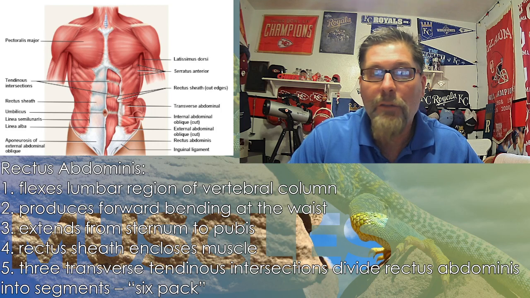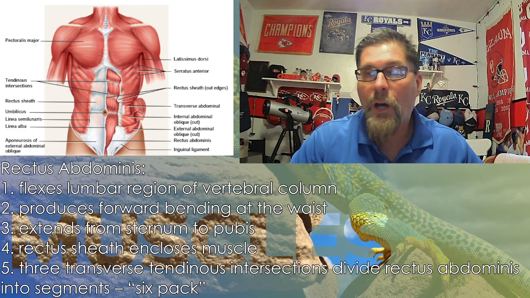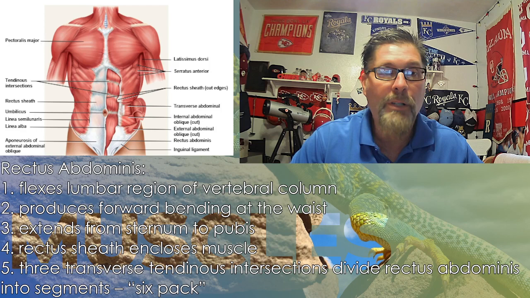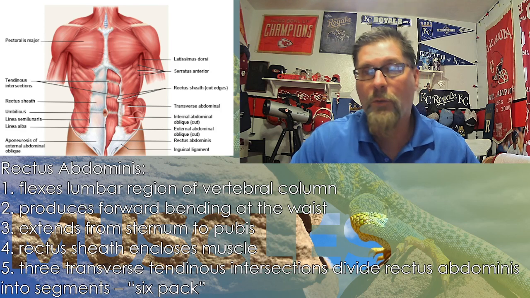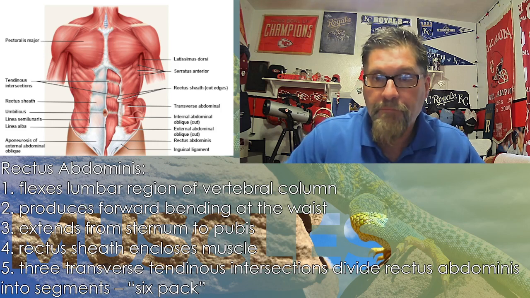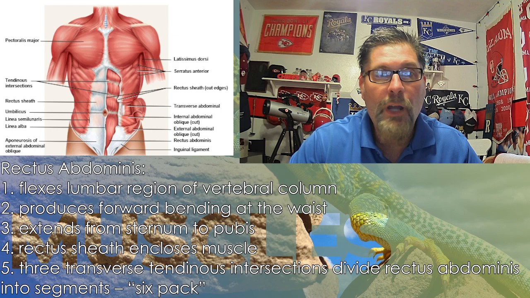Even though they're deeper, they're the ones that give that formation. You can see them there in the diagram. He actually has four per side, so he has even more. He's got the one way up there on the upper part that's in good shape. But that's the fourth region of the abdomen.